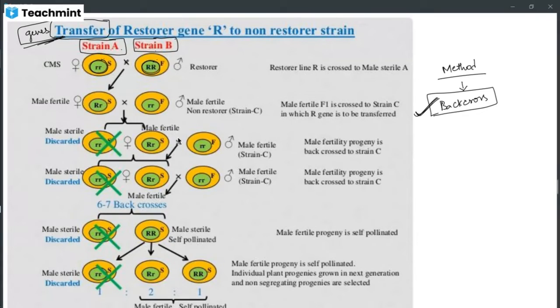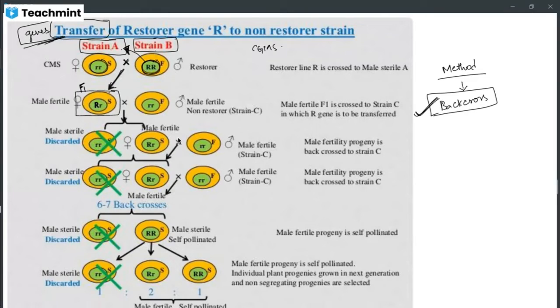So when you cross between these two, what will be the condition of the F1, whether it will be male sterile or male fertile? Fertile. In case of your CGMS, it will be fertile. Why? Because there is a single dominant allele. Dominant. Okay. And where do you want to transfer this restorer gene? Into strain A, right?